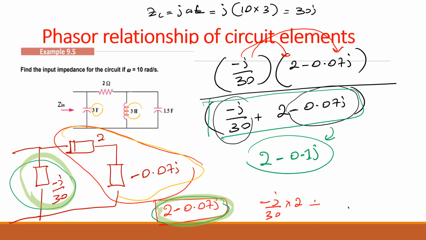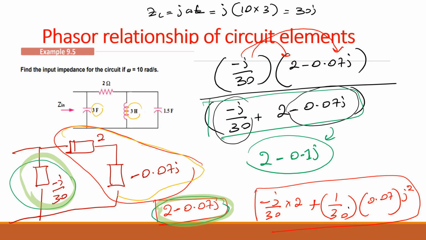Minus minus will become plus 1 over 30 times 0.07 j squared. That's how you expand the brackets. So the impedance of the resistors is in ohms, not j ohms. Resistor, there is no j part. It is just ohms.